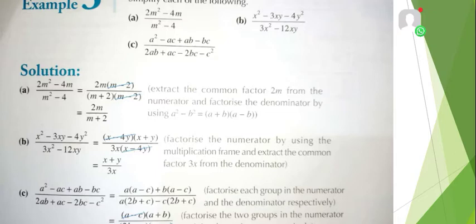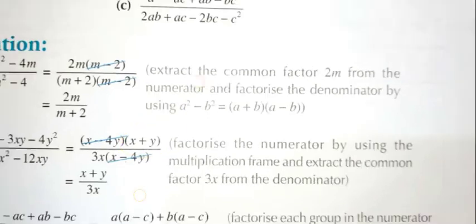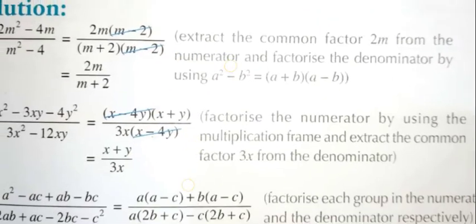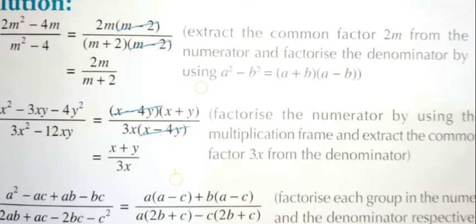And then we have x squared minus 3xy minus 4y squared over 3x squared minus 12xy for number b. For this one, we can use the bracket method that I taught you before, or the multiplication frame, which I don't really teach you.